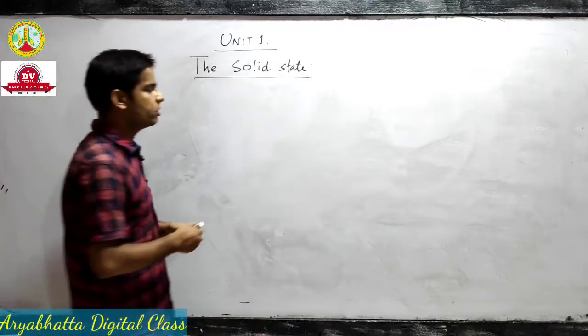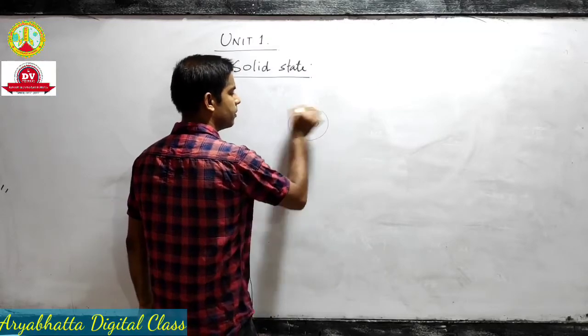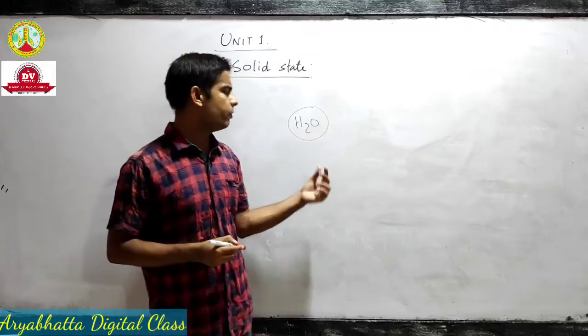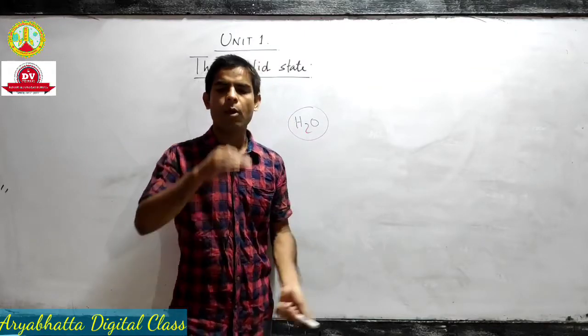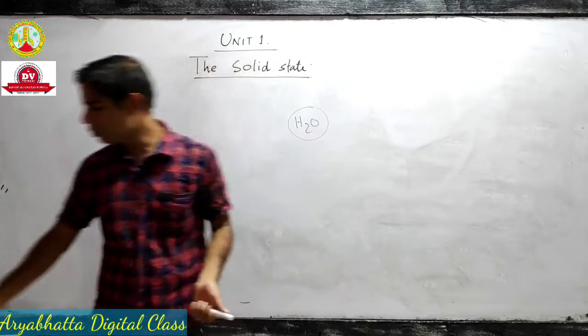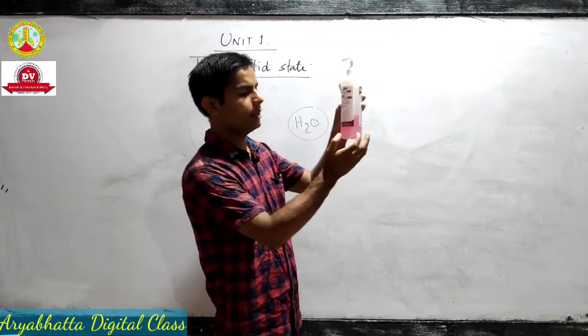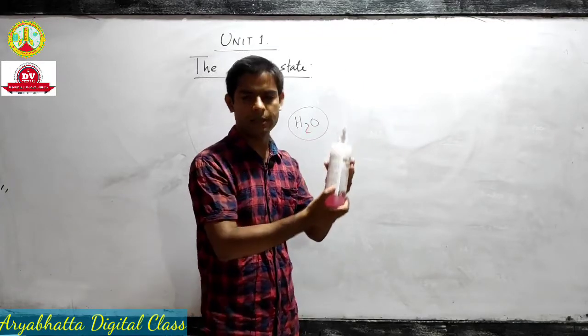Like suppose if we take water, in day-to-day life we don't use one molecule of water, we have a bottle of water. Suppose we have a sanitizer bottle with liquid inside, and the body is made of plastic.